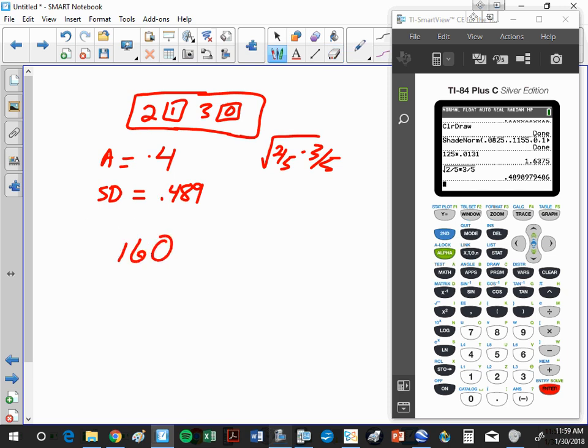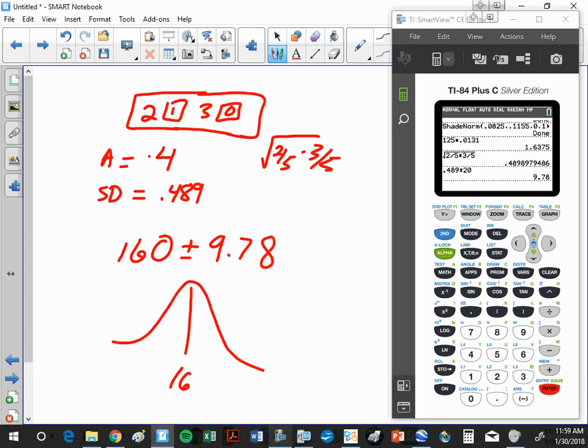So 160 plus or minus 0.489 times 20 is 9.78. So we have 160 here. And I want to know fewer than 170. Do I need edges? 400 draws? Nah, we're fine. So that is positive 10. Our EV is 160, so we're going to the right.